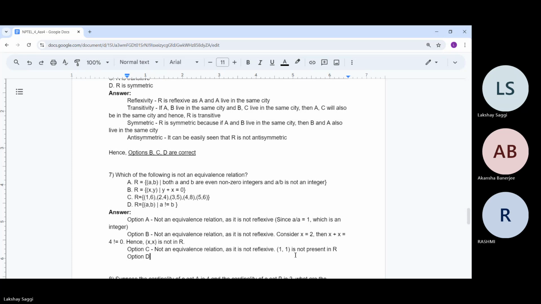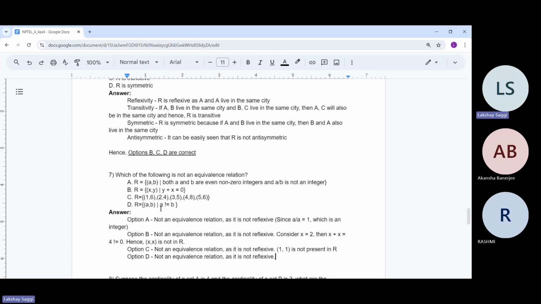Okay. And then we come to option D. Option D says the relation of the form A, B, where A is not equal to B. Again, I think this will be easy to answer. This is also not an equivalence relation as it is not reflexive, because A, A should be part of the relation R for it to be an equivalence relation.